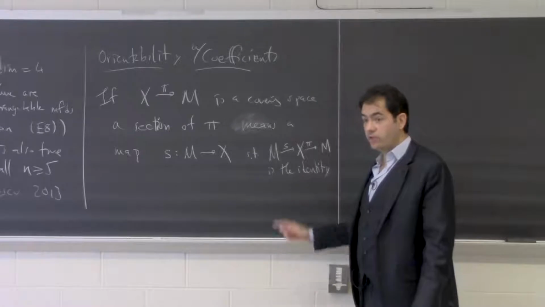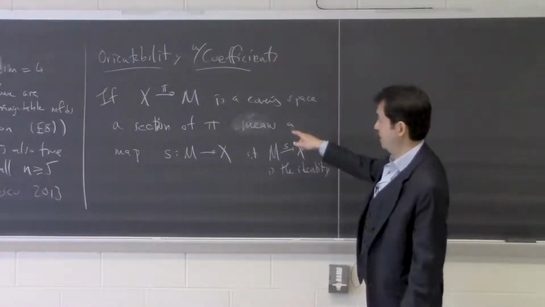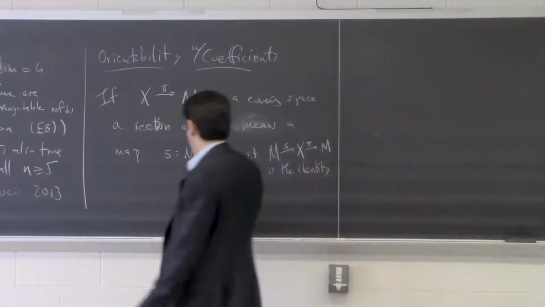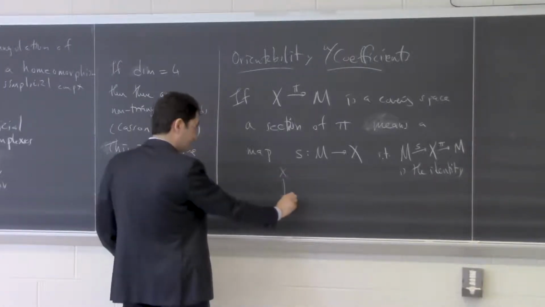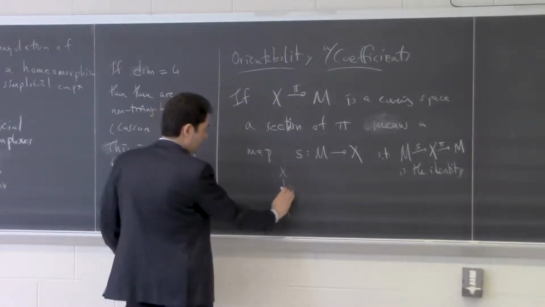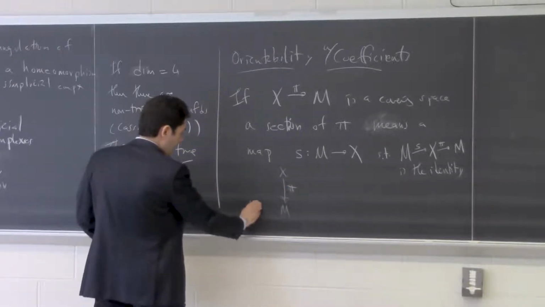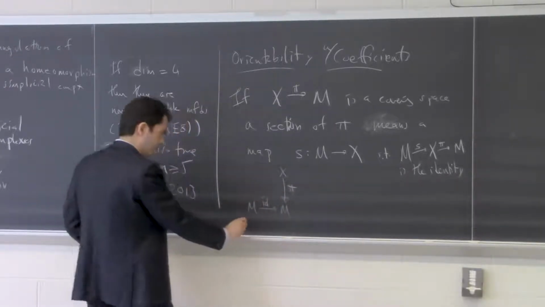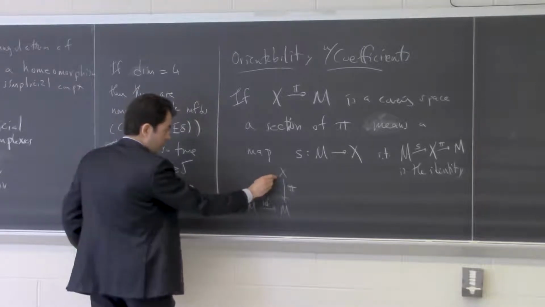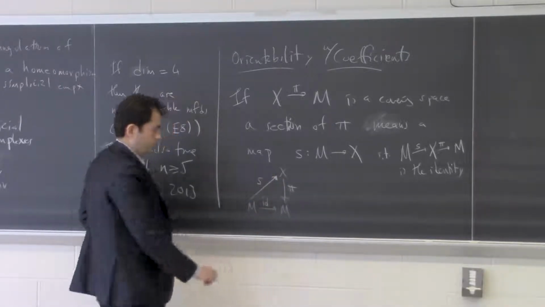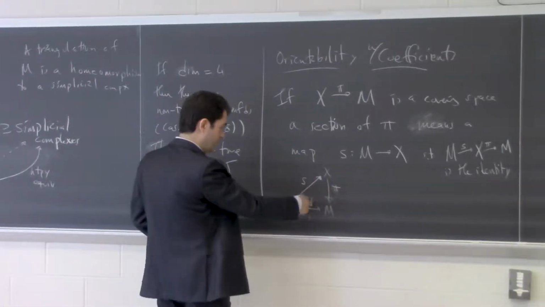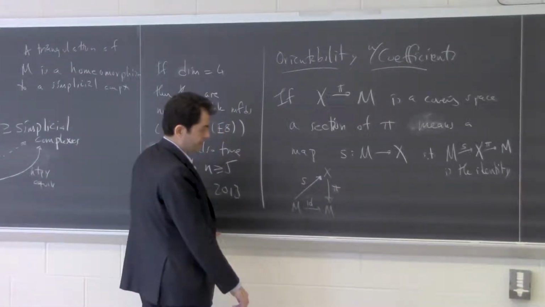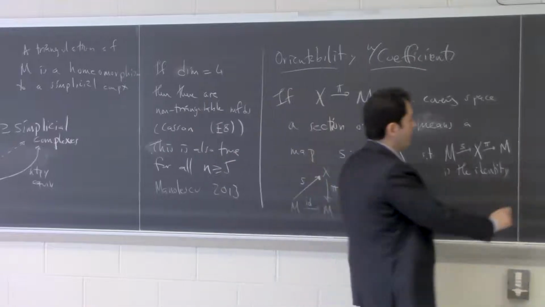So it's a one-sided inverse of the projection map. A better way to draw that is that you have your projection map, you have the identity map, and a section is any lift of the identity. Anything that makes this diagram commute.